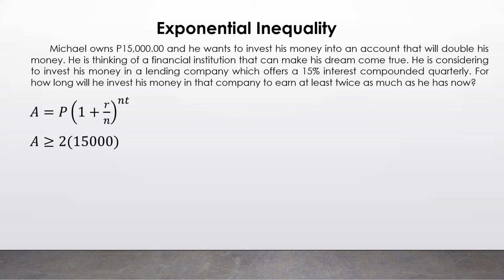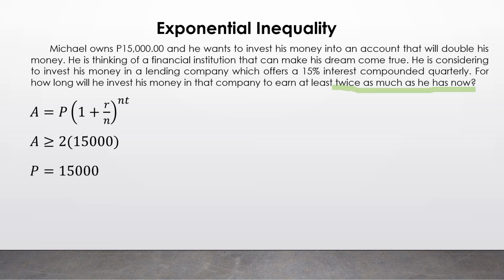Bakit po 2 times 15,000? After a certain period, sabi dito, he wants to earn at least, pinakamababa na. So, pwedeng tumaas twice. So, we have 2 as much as he has now. 15,000 yung pera niya ngayon. Twice daw. So, we have 2. Yun na yung pinakamababa.